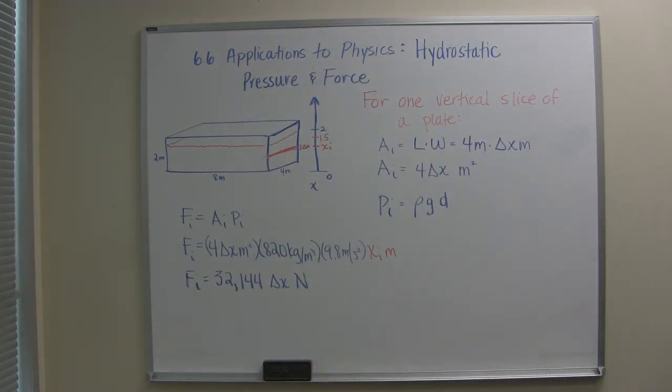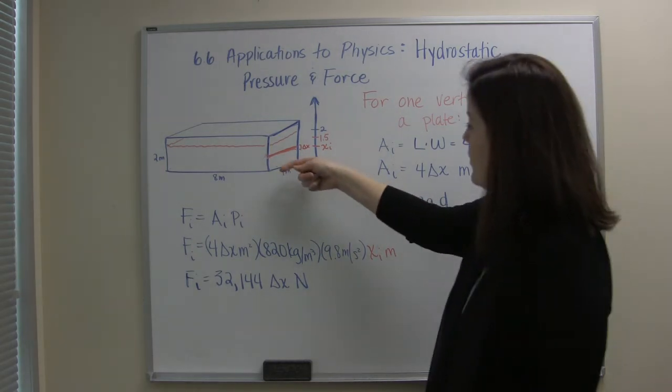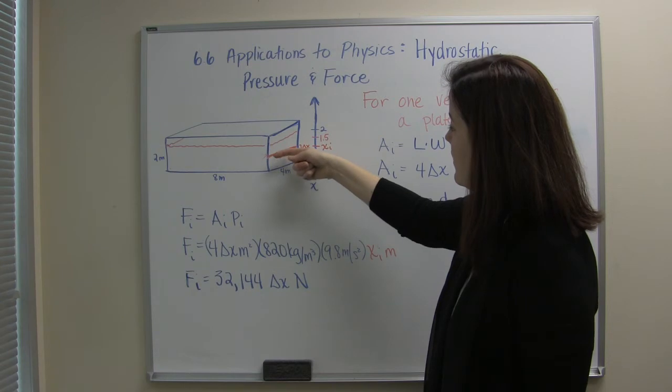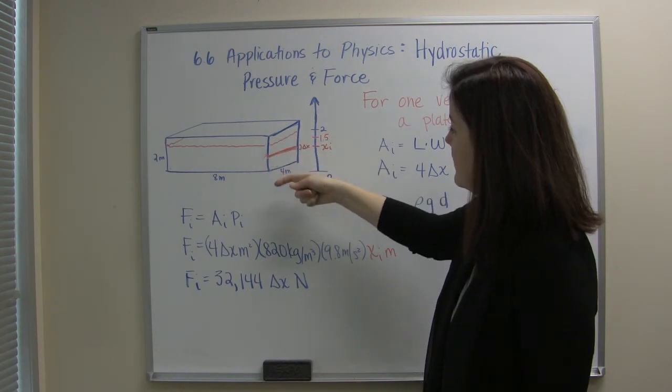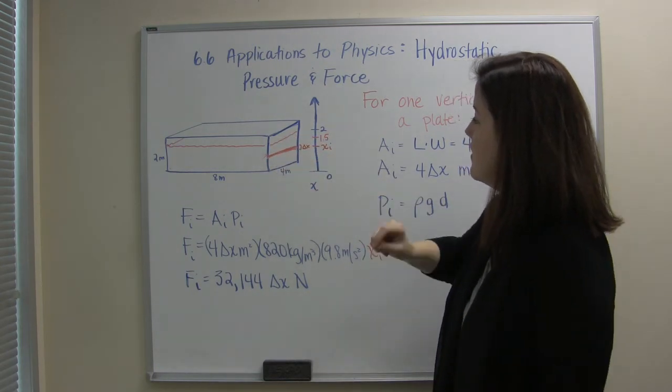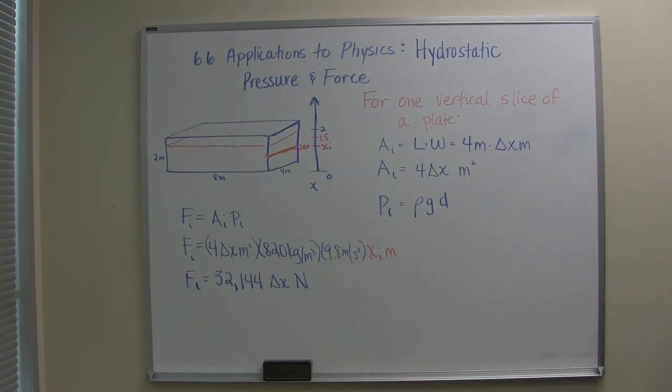Now we're going to apply our Riemann idea to this slice, and see if we can figure out the force on each individual slice coming up that side of this tank, and that the slices get so thin that we have infinitely many, so that we actually get the full hydrostatic force on one side of this tank. So let's do that next.